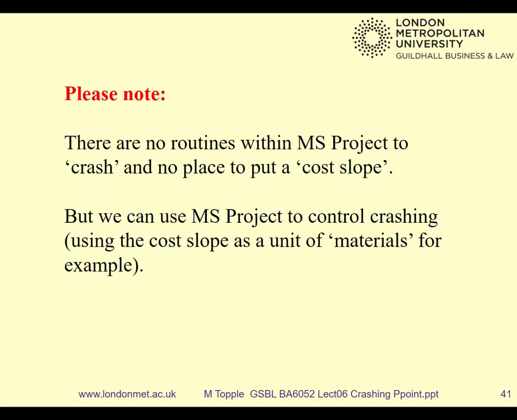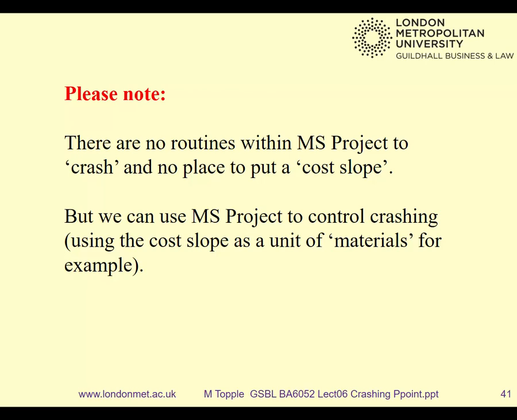And please note, though you may be surprised by this, there's nowhere in Microsoft Project where you can put a cost slope. And there's no button you can push to make it crash your projects. So though last week it would do leveling, it does not do crashing. It's beyond the ability of a computer to run that as a simple subroutine. But you can do it yourselves, and for example, the cost unit, you could put it on your resource sheet as a unit of materials. And then every time you crash a task by a day, whack on another unit of materials.